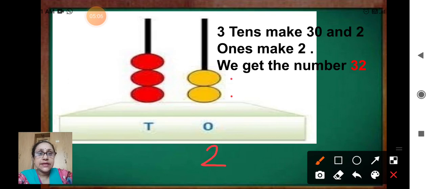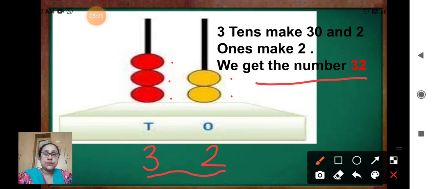In the ones place there are 2 beads, and in tens place 1, 2, 3. So 3 tens make 30 and 2 ones make 2. We get the number 32. Okay?